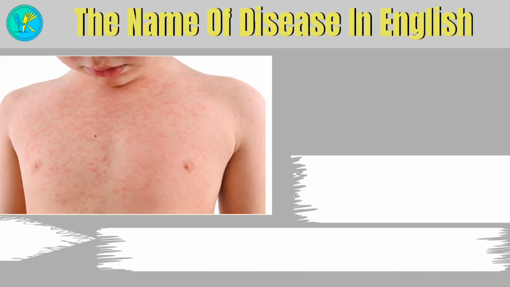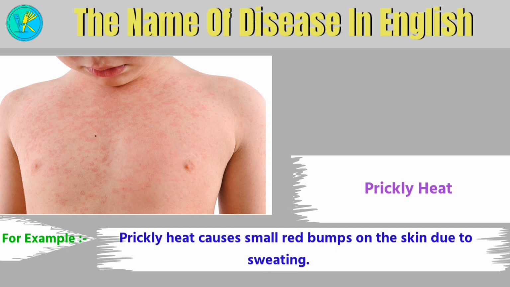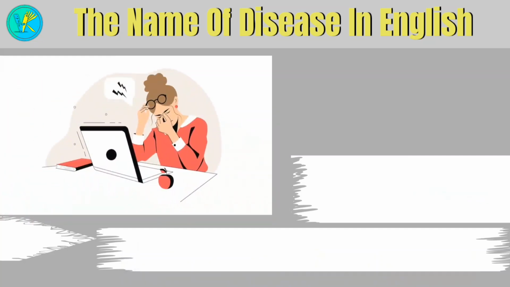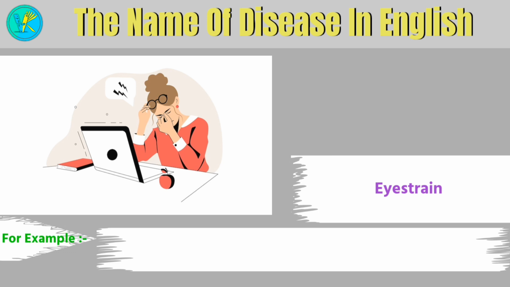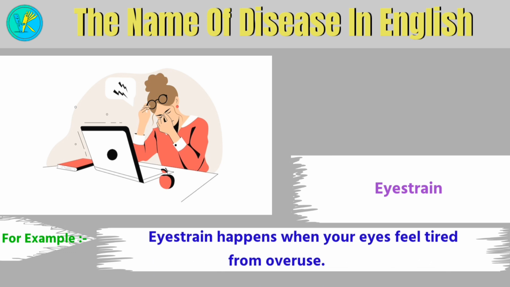Next, prickly heat. For example, prickly heat causes small red bumps on the skin due to sweating. Next, eye strain. For example, eye strain happens when your eyes feel tired from overuse.